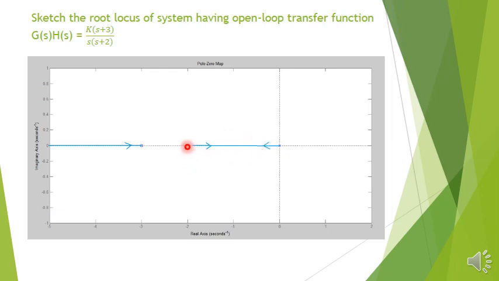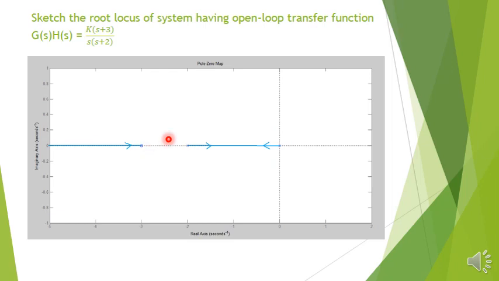And between minus 2 and minus 3, if I consider any point, to the right 2 poles are existing, which is an even number. So this is not a part of the root locus. To the left of minus 3, if I consider any point, from that point to the right 1, 2, 3, total 3 poles and zeros exist, so it is a part of the root locus.